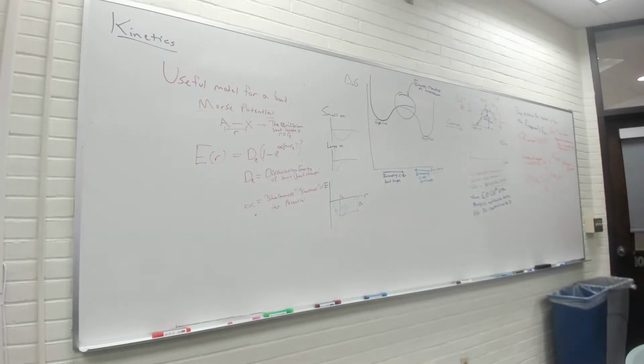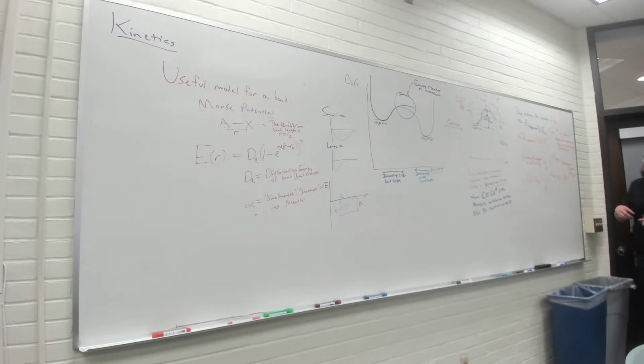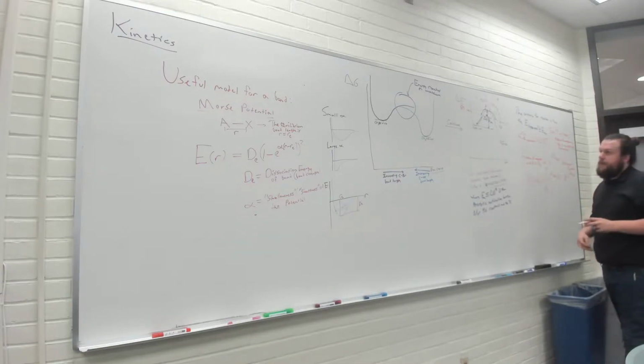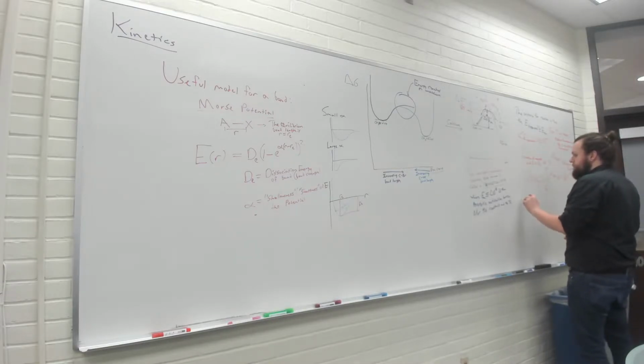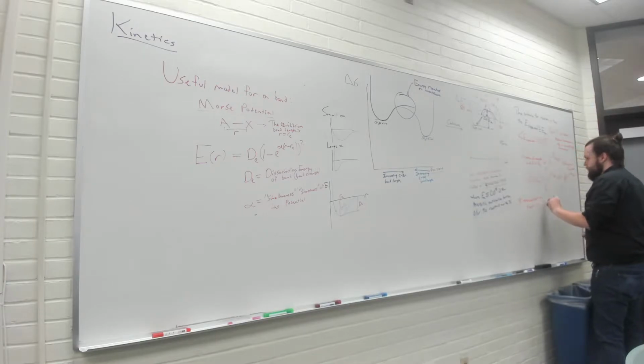And of course the integral of an exponent is just the exponent. So this ends up being 1 over RT e to the minus E_A over RT. So that means the number of molecules in our system that can react is proportional to 1 over RT e to the minus E_A over RT.